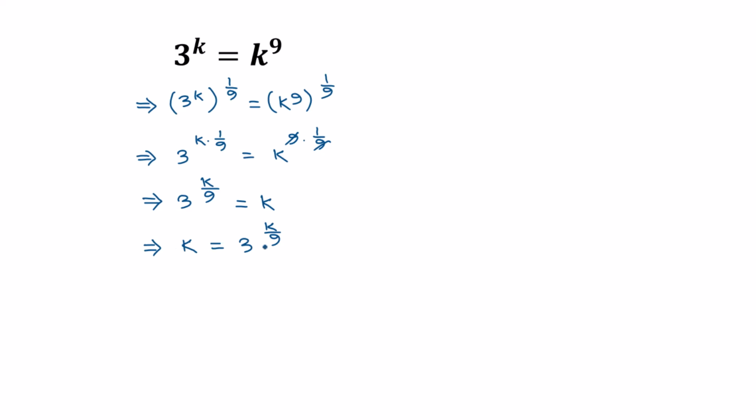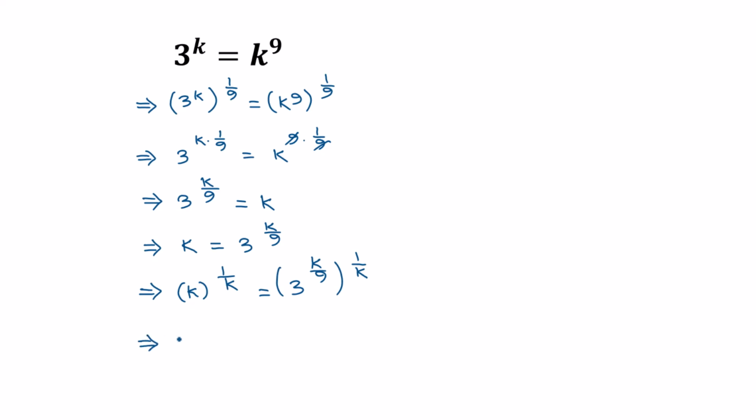Again, raising both sides to the power of 1 over k, we will get on the left side k to the power 1 over k is equal to the right side, 3 to the power k over 9, whole to the power of 1 over k. We have taken this 1 over k to both sides.